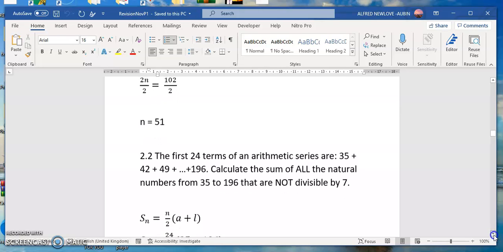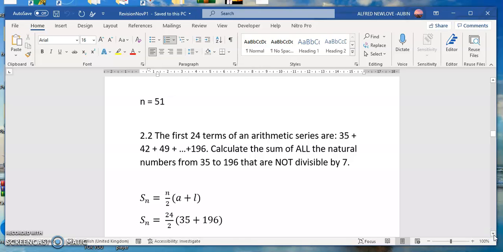So first, we are going to find the sum of the first n terms, which is the sum of all the terms given here. How many terms? 24.